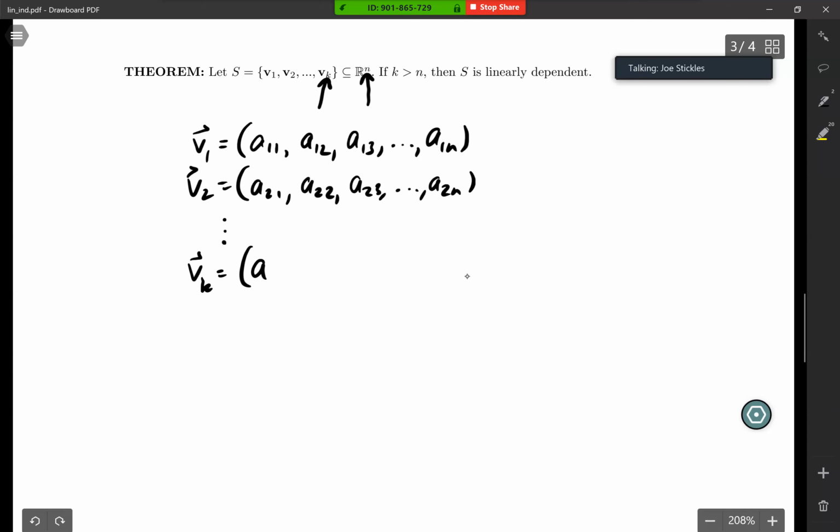I know, lots of notation, but all I'm using for the subscripts is that the first subscript refers to the number of the vector that I'm on, and the second one is just which coordinate I'm in for Rn.